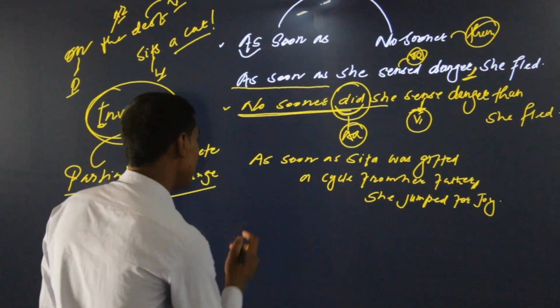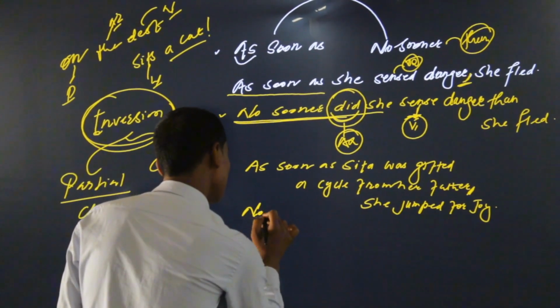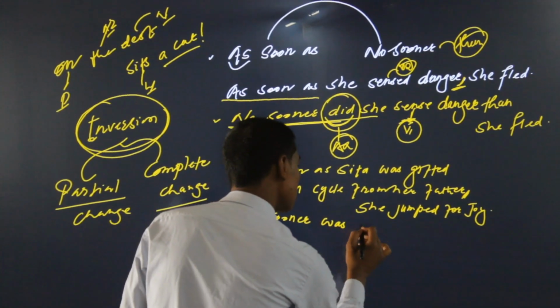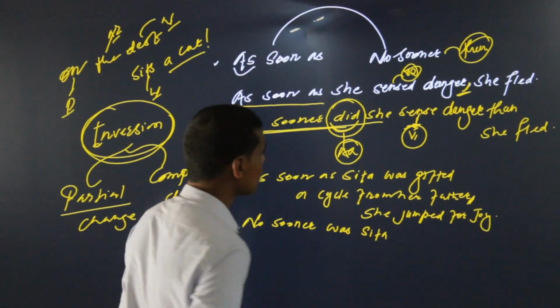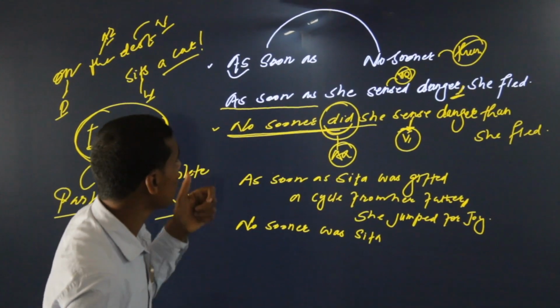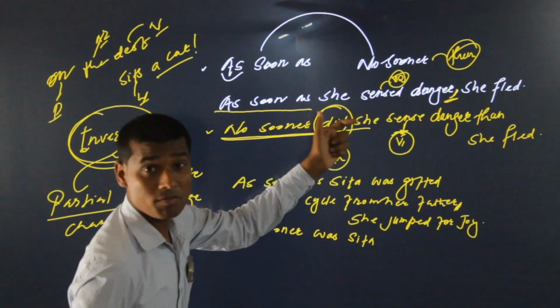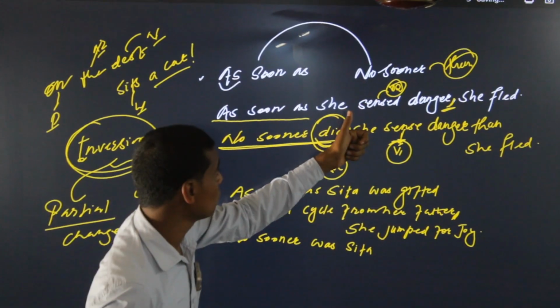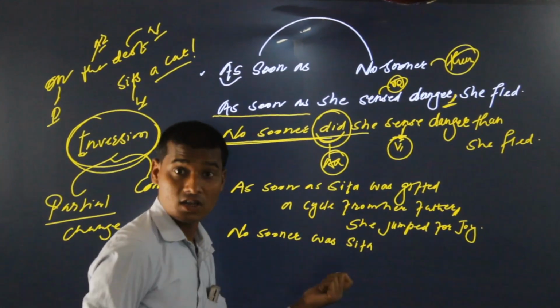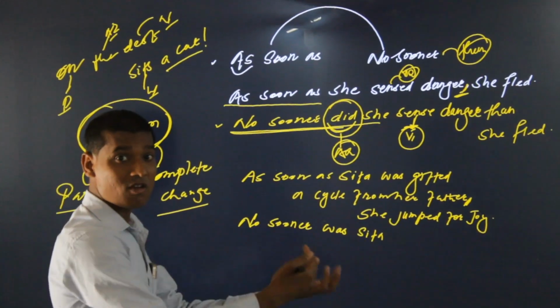So, what we have to write is, no sooner was Sita. Make sure that we have not used did over here. Why? Because we've seen that we used V2 with did, but we have was over here, so we have to replicate it.